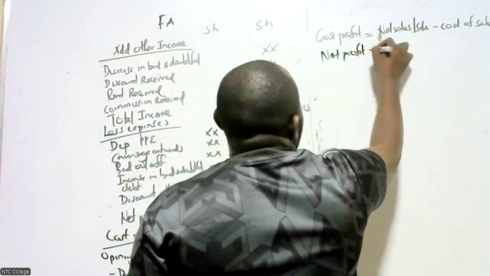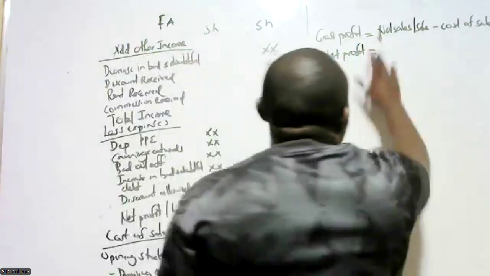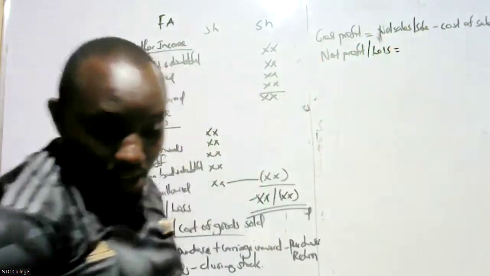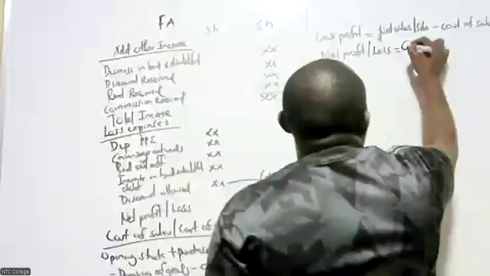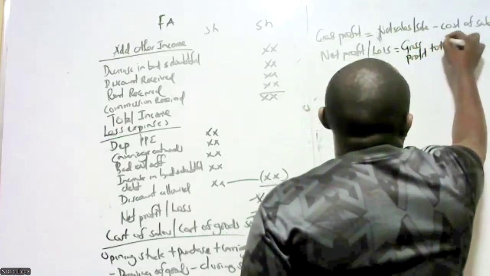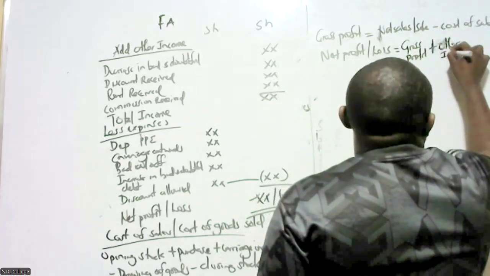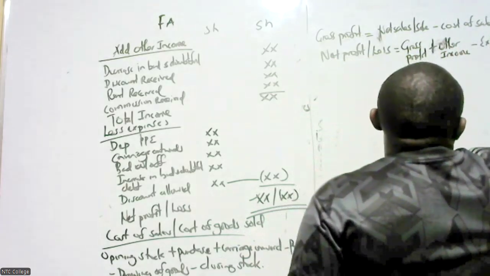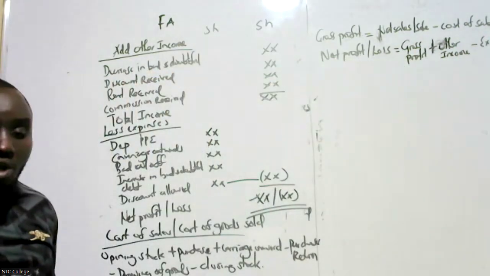The net profit in this scenario, I will have it as gross profit plus other incomes, then minus expenses. Are we okay?